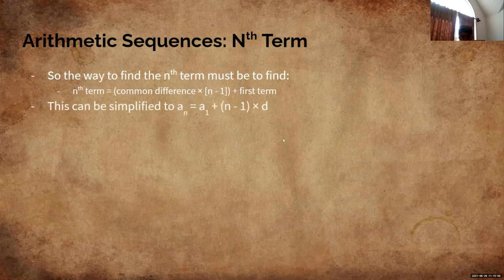It can be simplified into this equation. a subscript n is the nth term, a subscript 1 is the first term, n is the term that we're trying to find, subtracted by 1, that's the n minus 1 part, and d is the common difference.